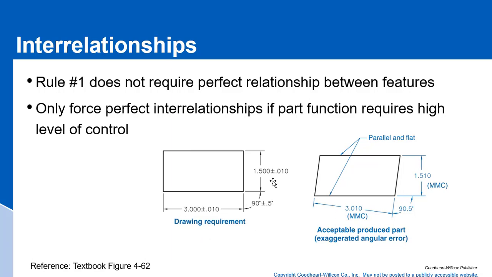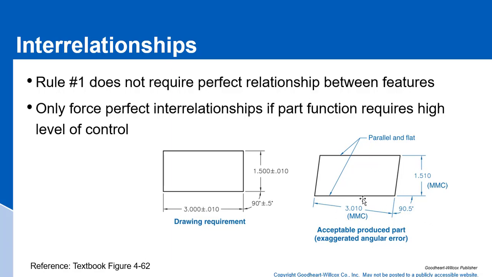We have a drawing requirement here that's size and size, and we also have this angle here with the tolerance. And if we look at what that means in terms of producing an acceptable part, look at this dimension here is at its MMC, and this dimension here is at its MMC as well. Okay, and then we have this tolerance here. But when we're at MMC, we have to have perfect form at MMC.